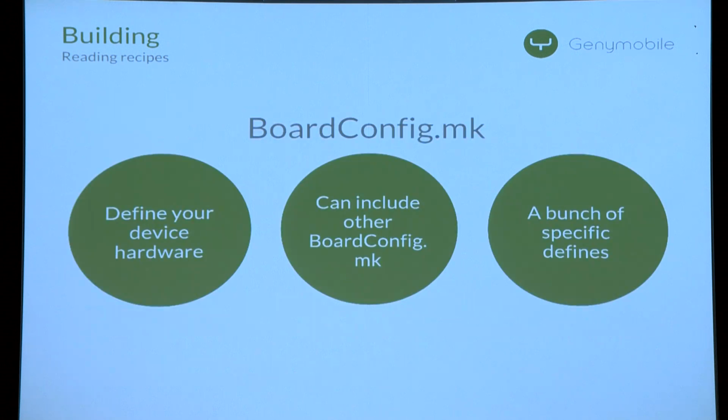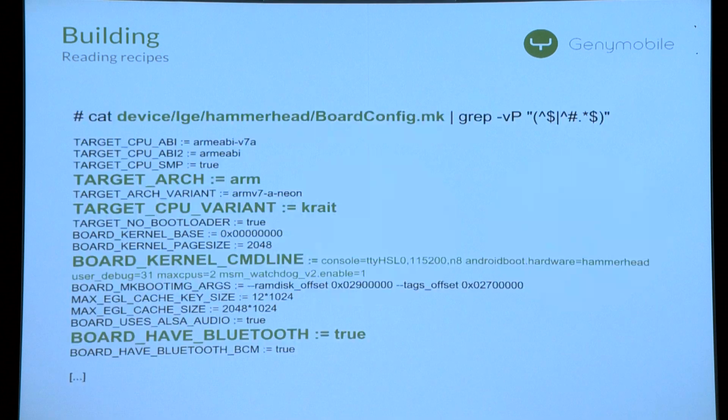There is another very important file. It's called BoardConfig. In the first one, we have described the software. Here, we more want to describe the hardware. So, as with the first one, it will also include other files. And here you are describing much more clearly what you want to build.